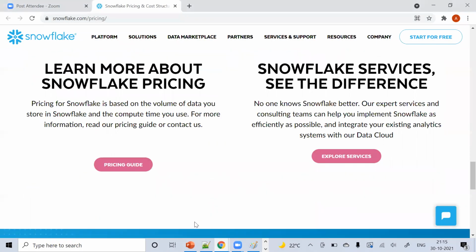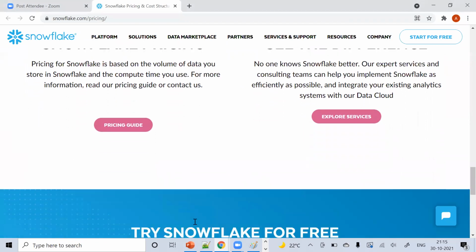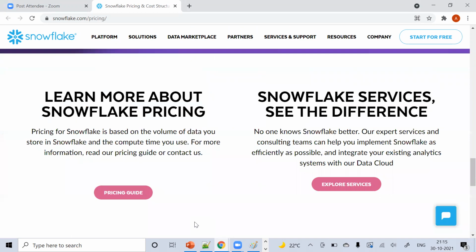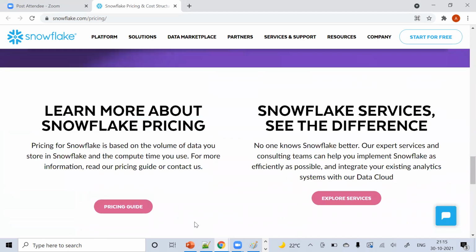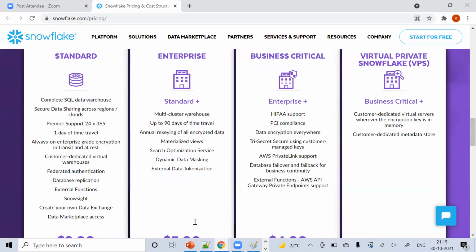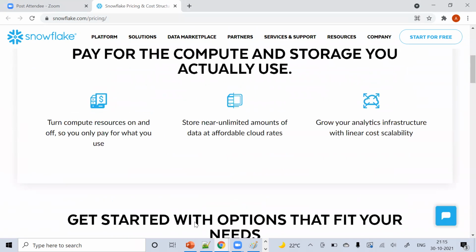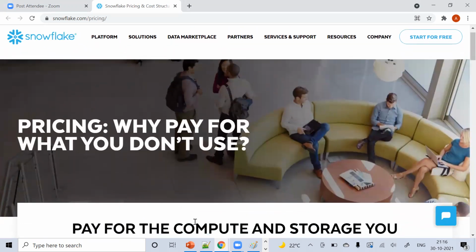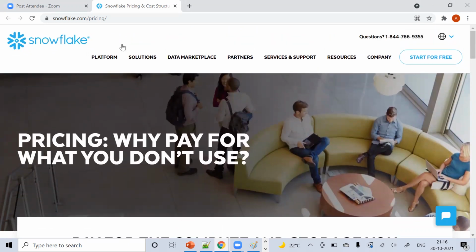If you go here, there's a big chart. I mean, you don't have to learn it, but I saw one chart for data transfer also. Okay, let's Google it.